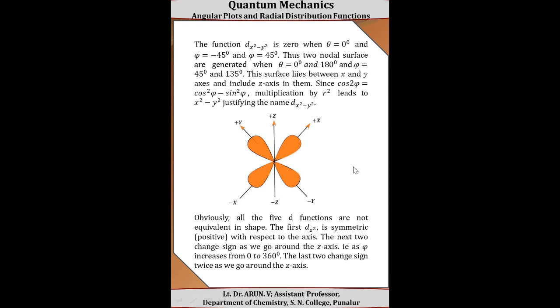The first one, that is d z square, is symmetric, that is positive, with respect to the z axis. The next two change sign as we go around the z axis, that is as phi increases from 0 to 360 degrees. The last two orbitals change the sign twice as we go around the z axis.